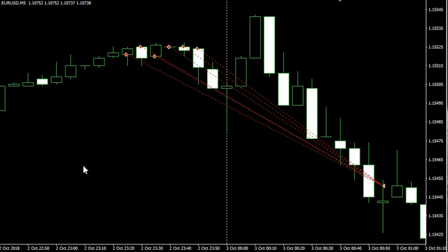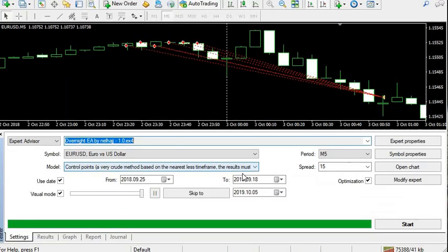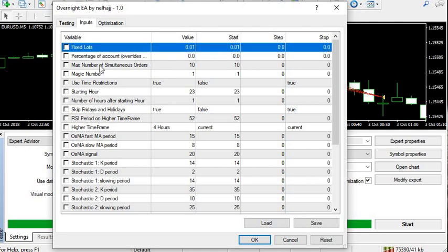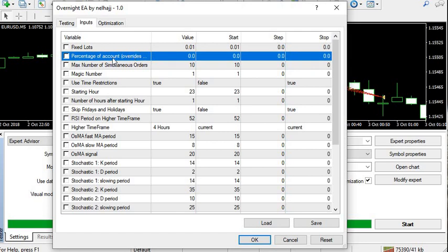Now let's go through the settings of the EA. Okay, so fixed lots here, it's self-explanatory. It sets a fixed lot size for the trades. However, this setting is overridden by the next setting, which is the percentage of account.